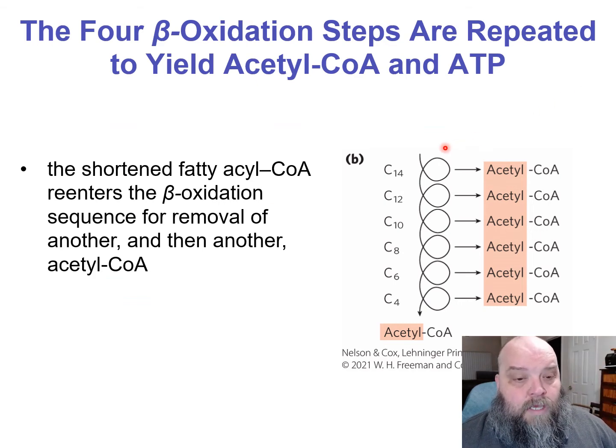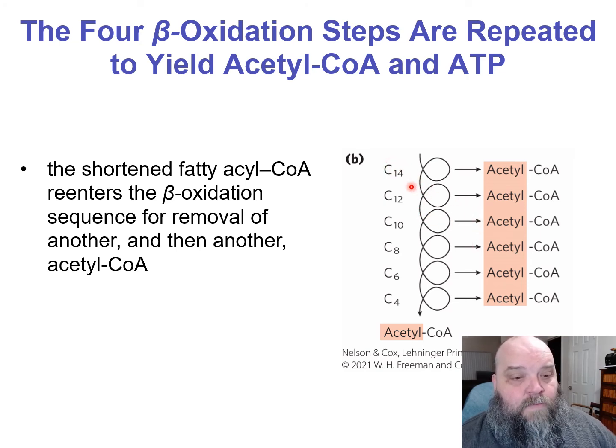Because of the way this was working, coenzyme A attaches to the carboxy terminal end. Go through those 4 steps that we just talked about. Cut, add a coenzyme A to the new carboxyl terminal end. Go through those 4 steps. Cut, add the CoA.